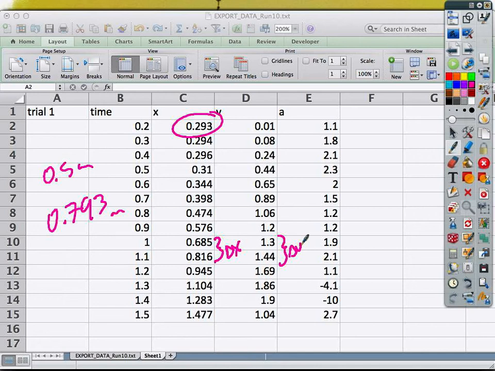So if I graph those things, what we can say is for this small interval of time, 0.1 seconds, I'm going to say that the behavior of this cart was consistent. Like it didn't go wild. If we take a look at this, 1.8, 2.1, 2.3, 2, 1.5, there's a list here, but back up to 1.9, 2.1.